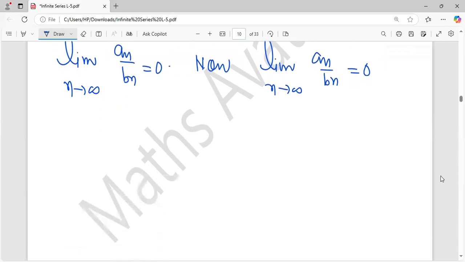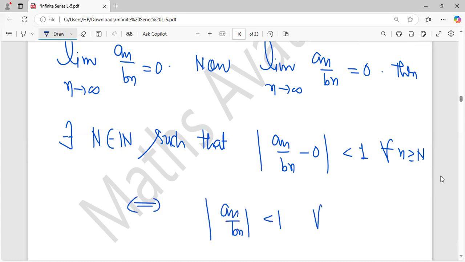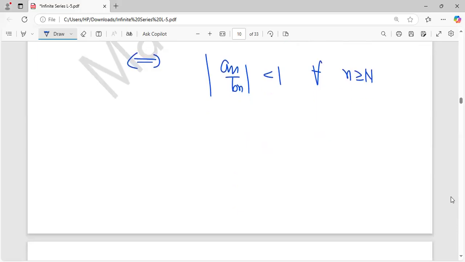Then there exists capital N belonging to the natural numbers such that the absolute value of An upon Bn minus 0 is less than 1 for all n greater than capital N. So An upon Bn is less than 1 for all n greater than N. But An upon Bn is a non-negative term, so it will be An upon Bn.